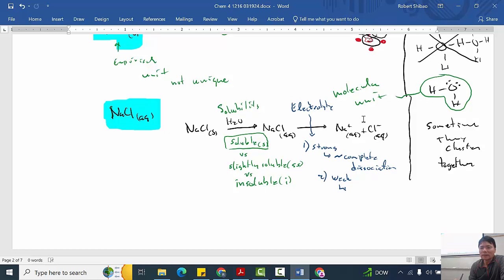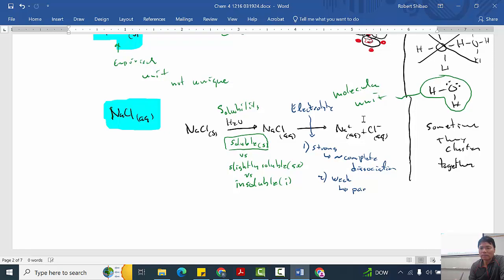Weak electrolytes have partial dissociation. And then finally we have non-electrolytes, which have no dissociation into ions. When I'm talking about dissociation, I'm talking about into ions.